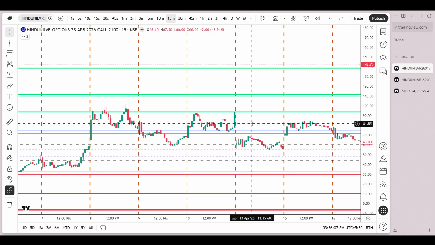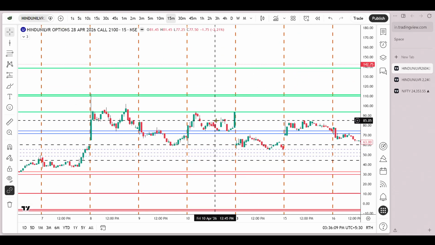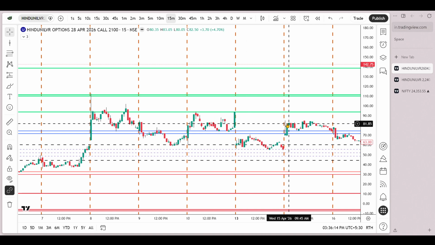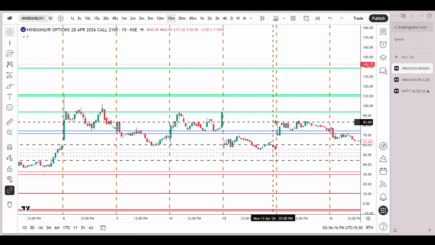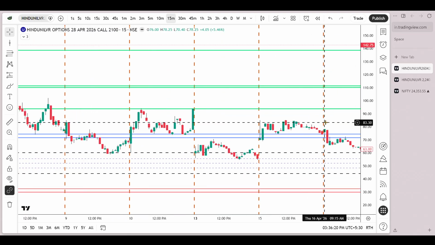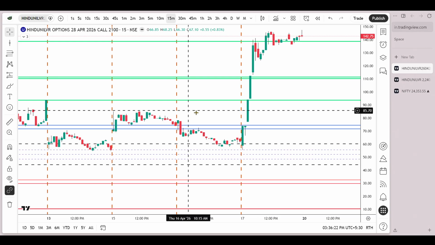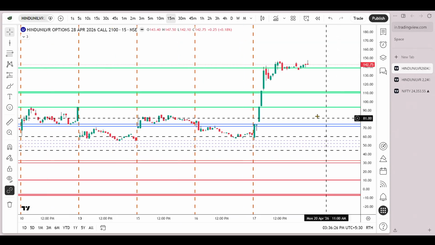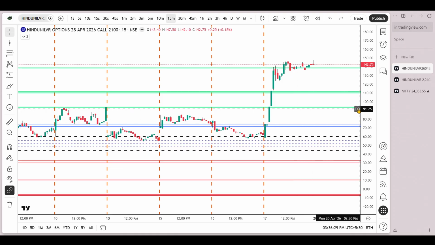I'm not telling you to take so many lots directly at one time. Better take only 1 lot first. Try with that. Once you get confident, you can go with multiple lots, 5 lots, 10 lots. How many lots you are comfortable with, based on your capital and risk, you can take the trade.